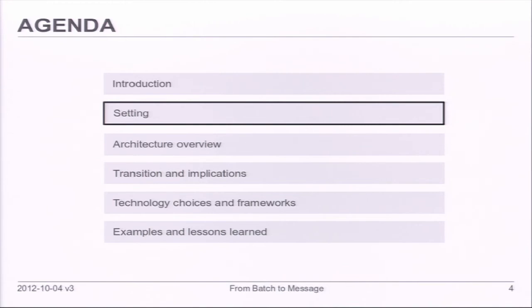Then we'll have an architecture overview that shows you the different steps of such a transition, followed up by the actual process of transition and the implications to the technology and to the people that are involved there.